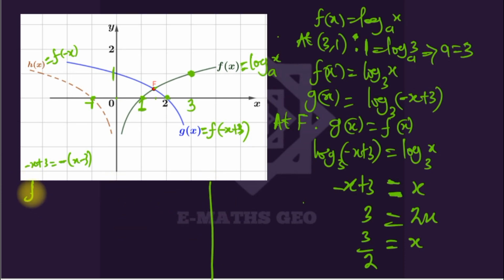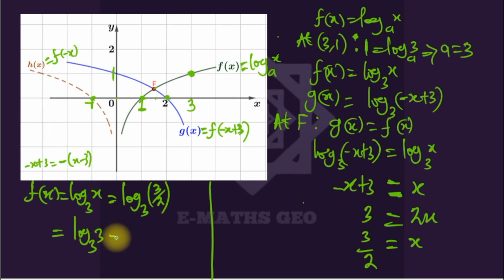Since f(x) is log base 3 of x, and we've known that x is 3 over 2, from our law of logarithm, this means log 3 minus log base 3 of 2.